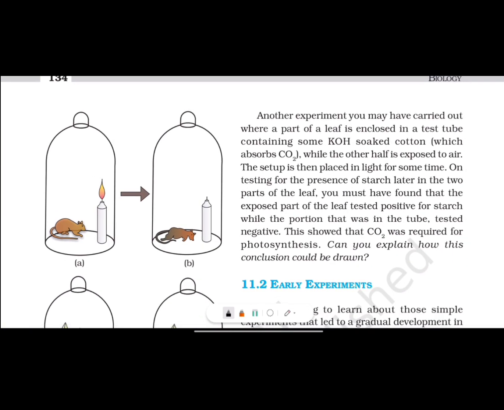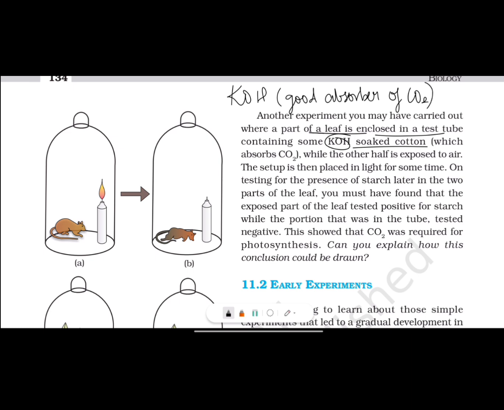Another experiment you may have carried out is where a part of a leaf is enclosed in a test tube containing KOH soaked in cotton. Why are we using KOH over here? Because KOH is a good absorber of CO2. That's why we are using KOH over here, while the other half is exposed to air.